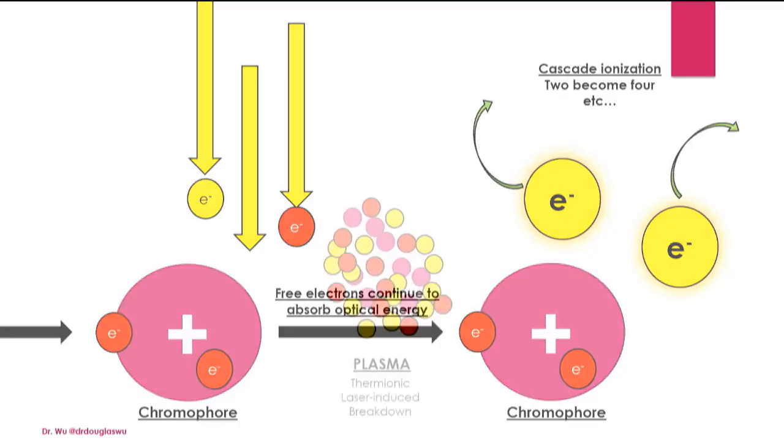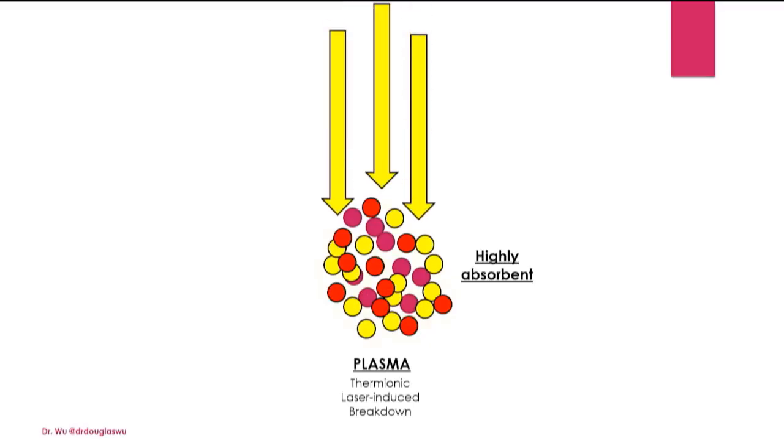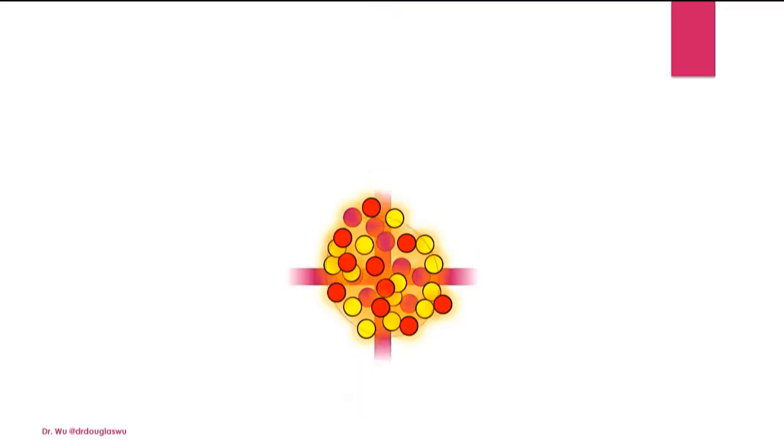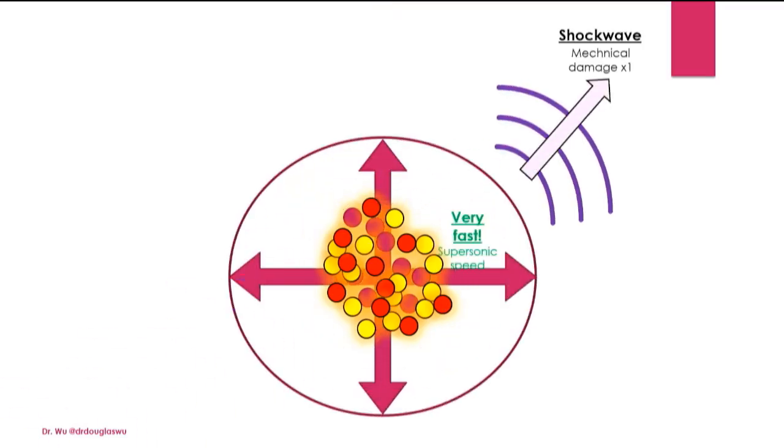And instantaneously, we get a superheated ionized gas, what we call plasma. And plasma is extremely absorbent. It in fact shields everything downstream from it from further laser exposure, but it absorbs that continuous laser energy and converts it because the temperature is so high, and this is now a gas.